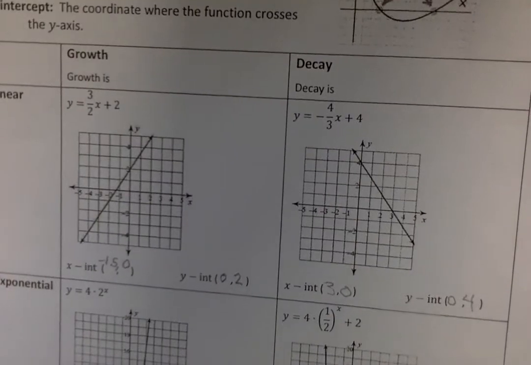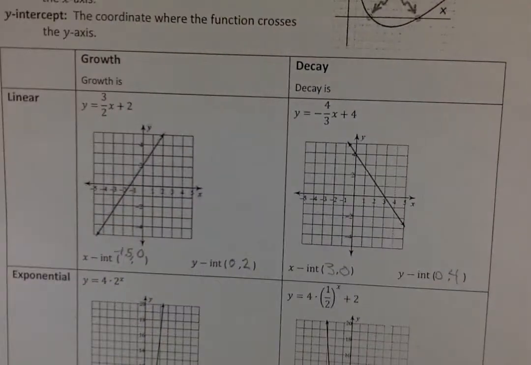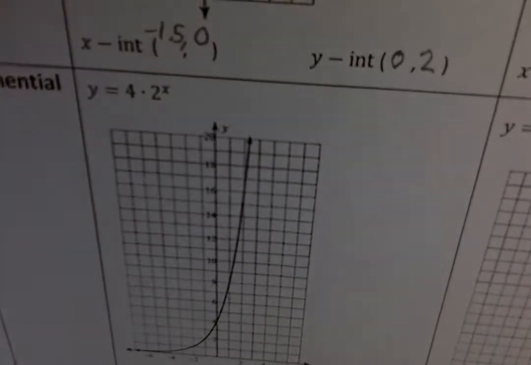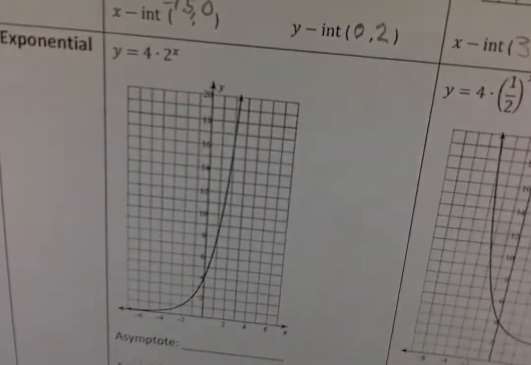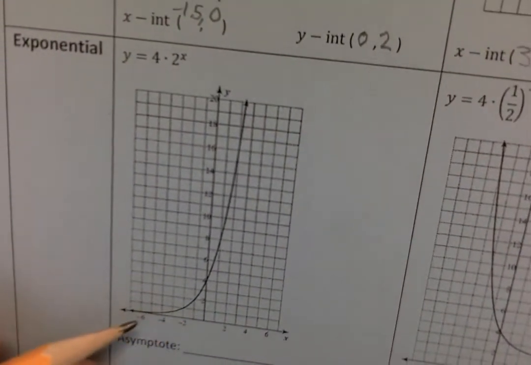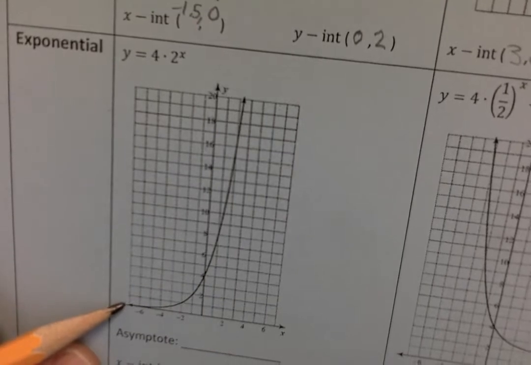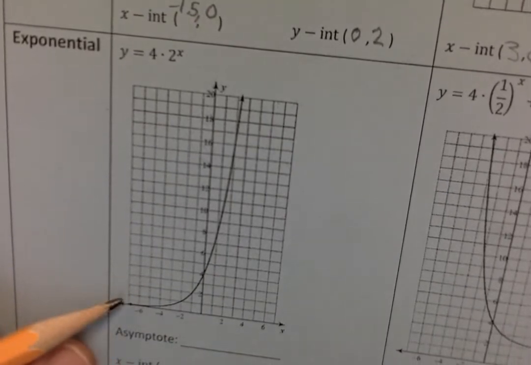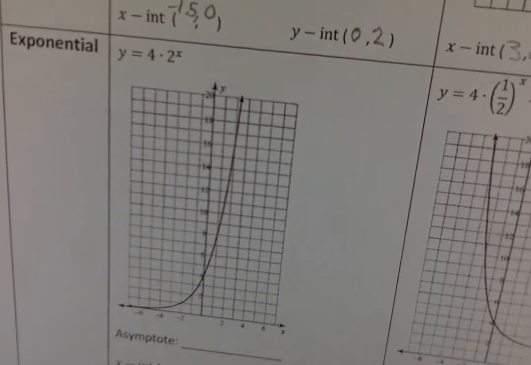Okay, let's go on to the exponential one, and I've got to move it up so that you can see it. Okay, so our asymptote right here, even though it looks like it goes to the x-axis right there, it will not cross that x-axis.